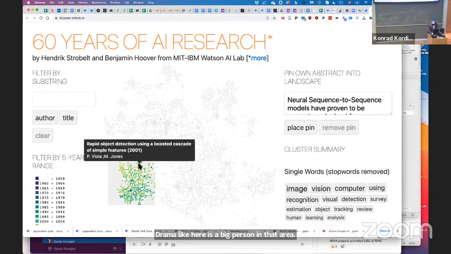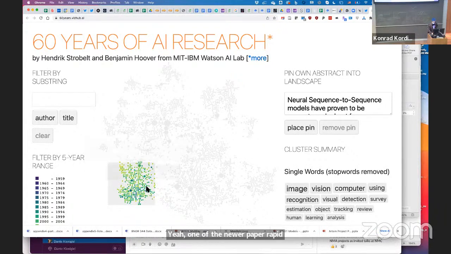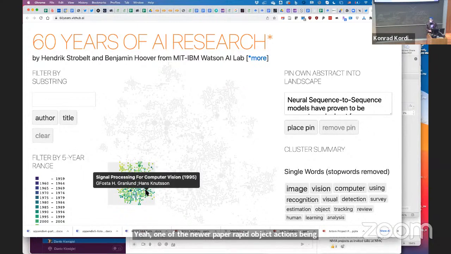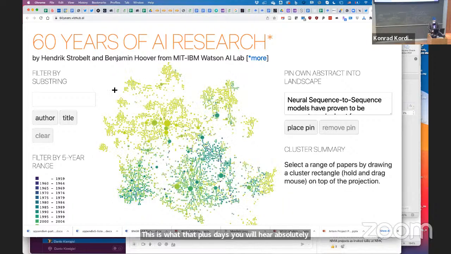Here, one of the newer papers, rapid object detection, is being used by quite a few people. Here you see eigen features of images. They took lots of photographs, ran principal component analysis, and said, these are the important dimensions here. This is what that cluster is. You will hear absolutely nothing from me about that cluster after today.